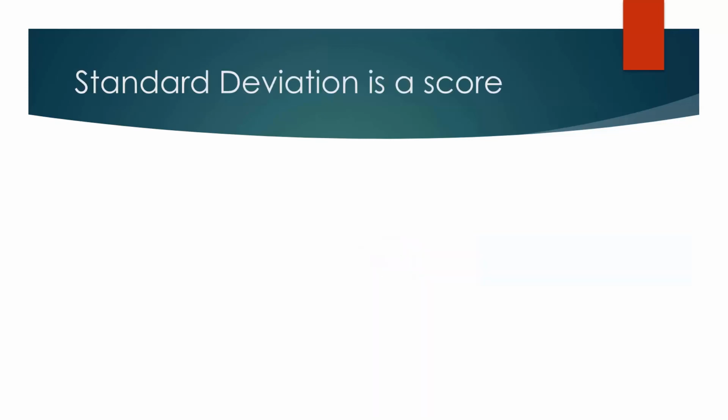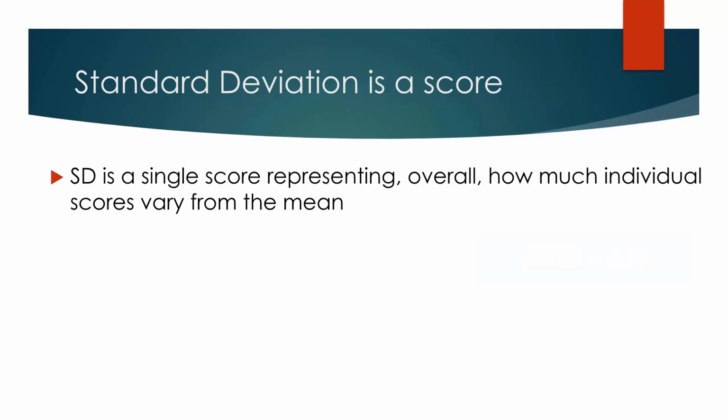Now, the last thing I want to wrap up with is setting us up for our next section. The standard deviation is a score. Now, what do I mean by this? Standard deviation is a single score which represents how much individual scores vary from the mean. So to give an example, let's take Bob, right? One standard deviation for Bob was equal to 3.41 test points.